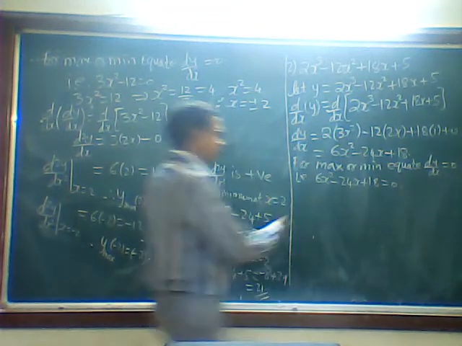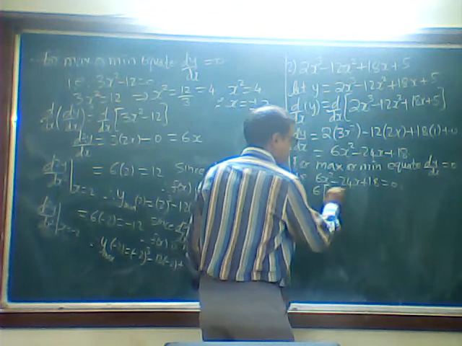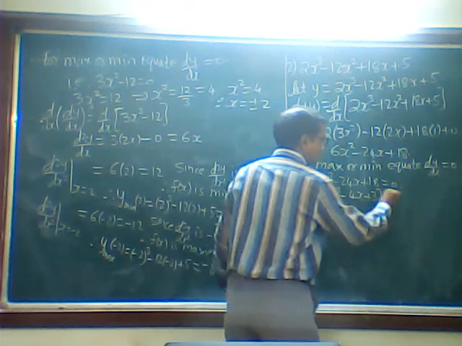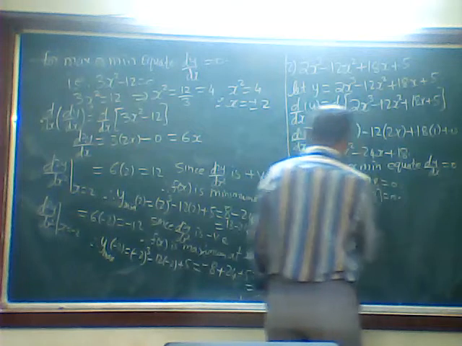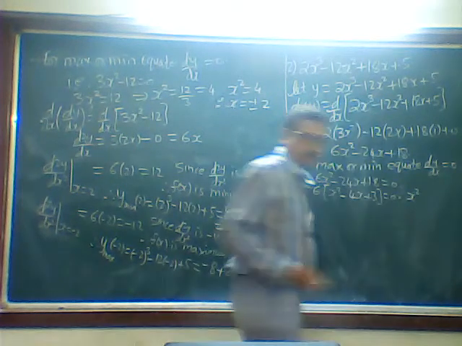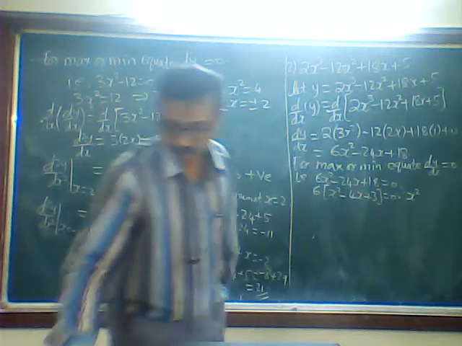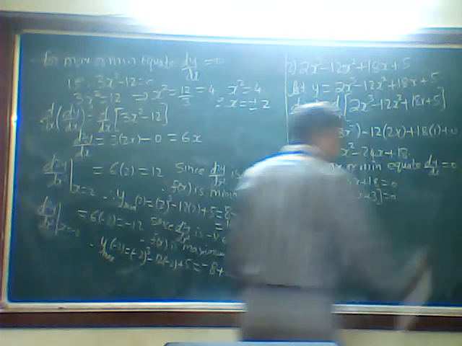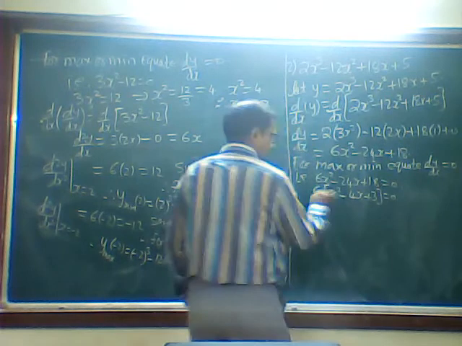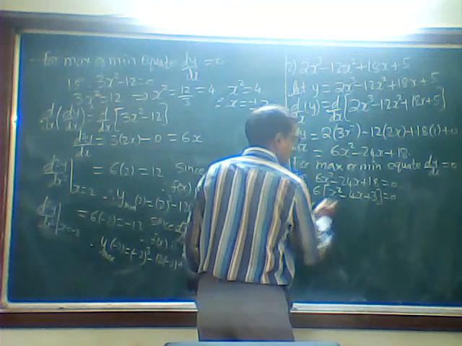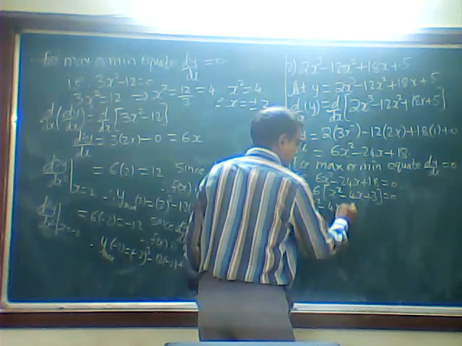Okay, I can take out 6 common here. 6 into x square minus 4x plus 3 is equal to 0. Therefore 6 will go to 0. I am left with x square minus 4x plus 3.